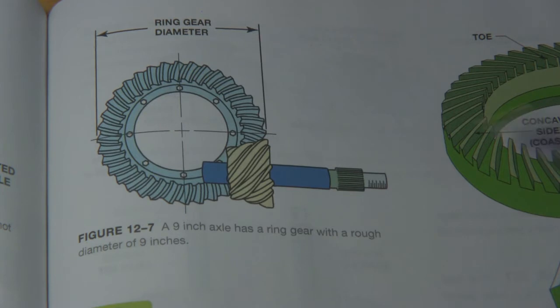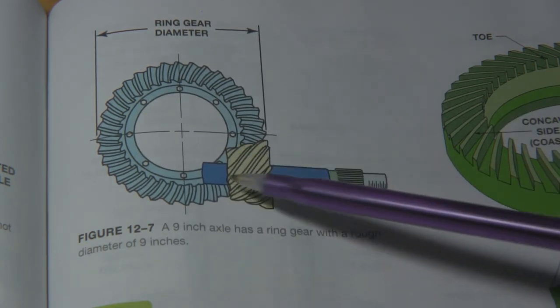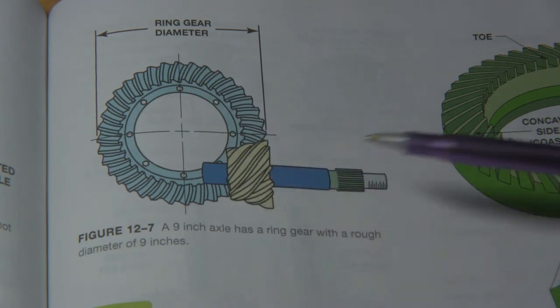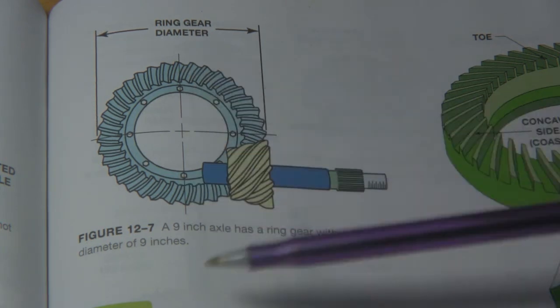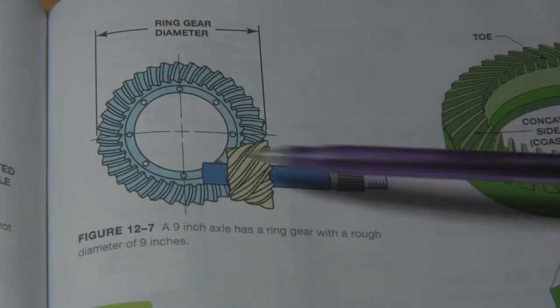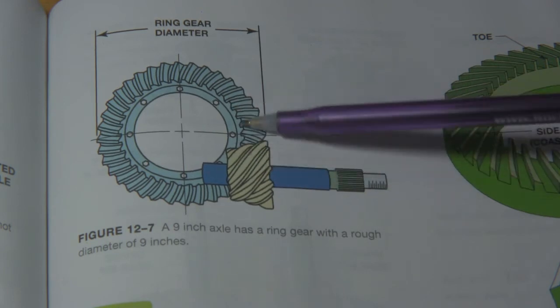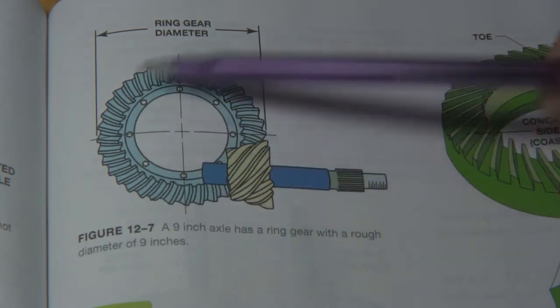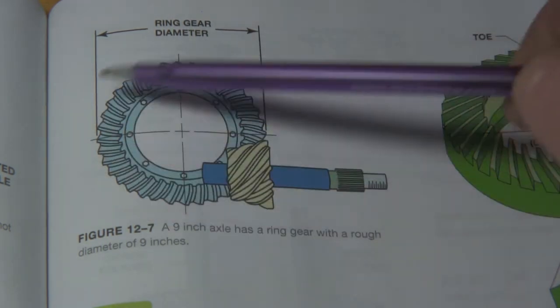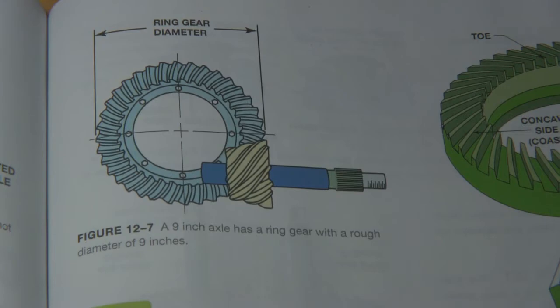The pinion gear itself has kind of a funky gear pattern to it, and that allows for a walking action to take place off to the side of the ring gear. As that pinion gear rotates, it's literally walking itself down on these gears, causing that ring gear to be rotated. This gear set is called a hypoid gear set.